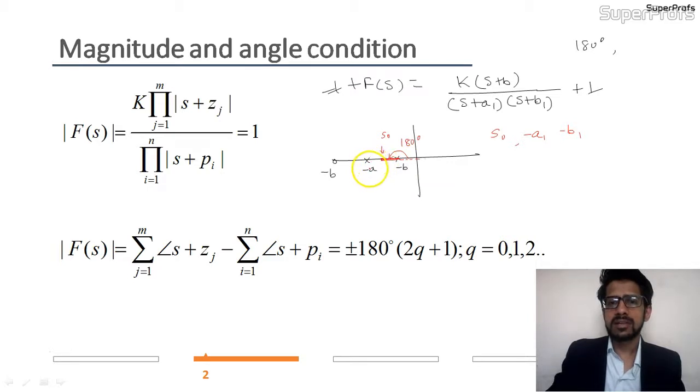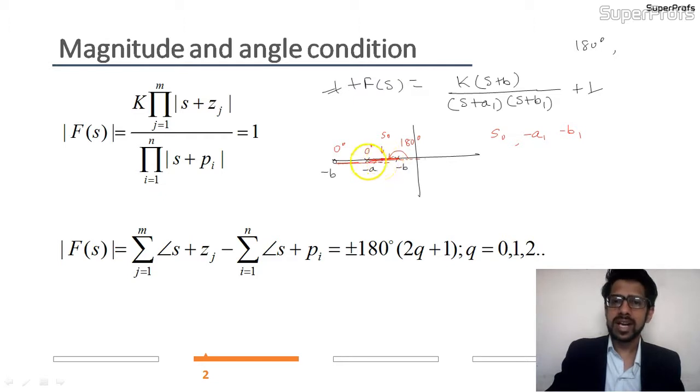Now if you join minus a with s naught, say this way, you have with horizontal 0 degree angle, and if you join minus b with s naught, again with horizontal you have 0 degree angle with s naught.